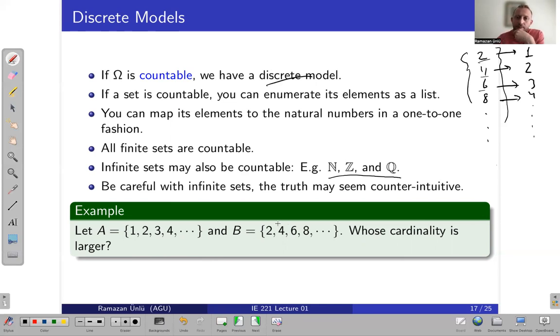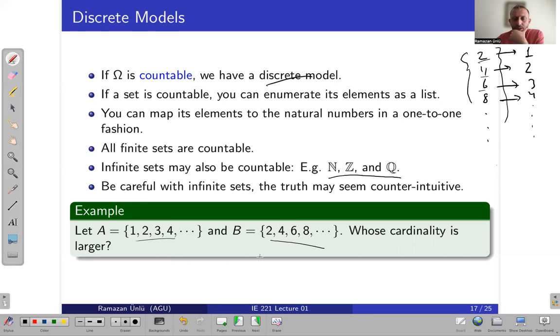Let me ask you in another way: how many elements can you count here, and how many elements can you count here? Which of the sets has more elements? Actually, it's exactly the same.